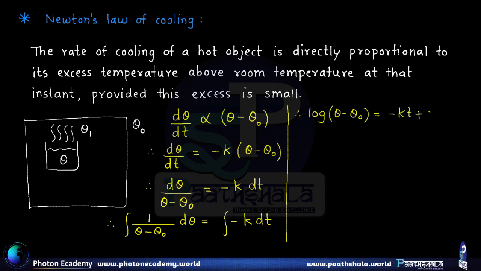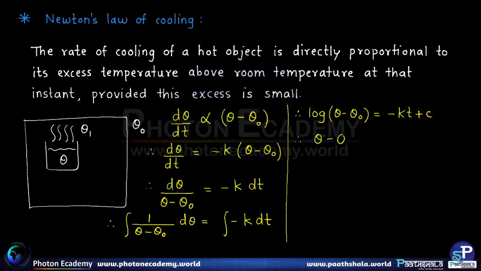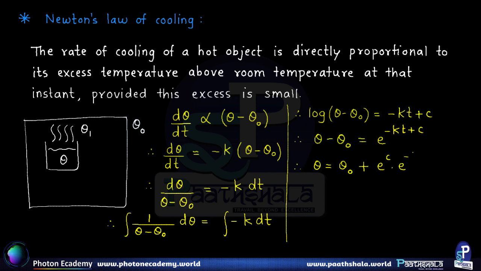You will see this goes on very much on similar lines to what we got for exponential growth and decay. So here let us convert the log into exponential terms on the right side. We will get theta is equal to theta 0 plus e raised to c into e raised to minus kt.